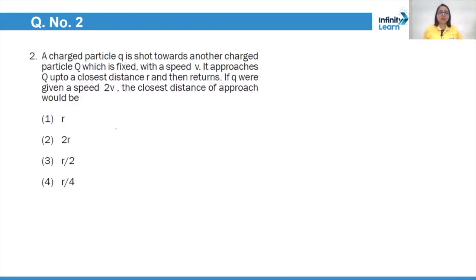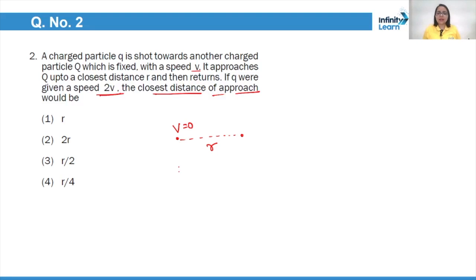Next is question number 2. A charged particle q is shot towards another charged particle q which is fixed, with a speed v. It approaches q up to a closest distance r and then returns. If q were given a speed 2v, the closest distance of approach would be... So when particles are at the closest distance of approach, the velocity of the first particle will be 0.